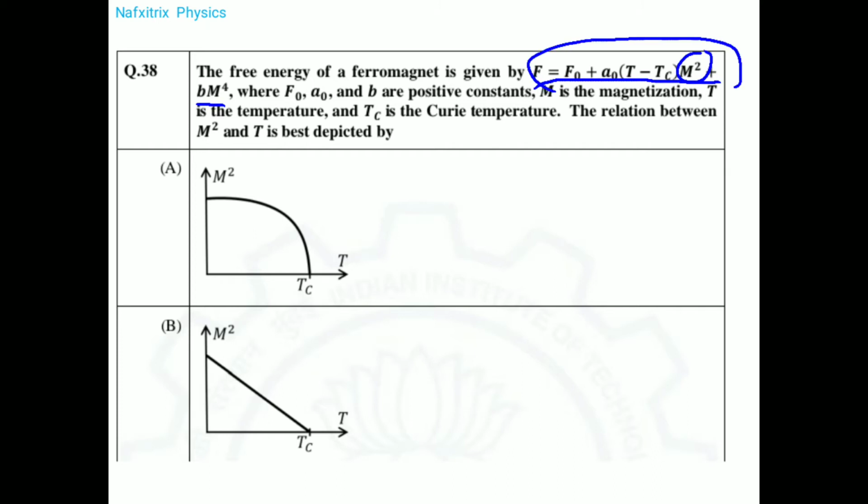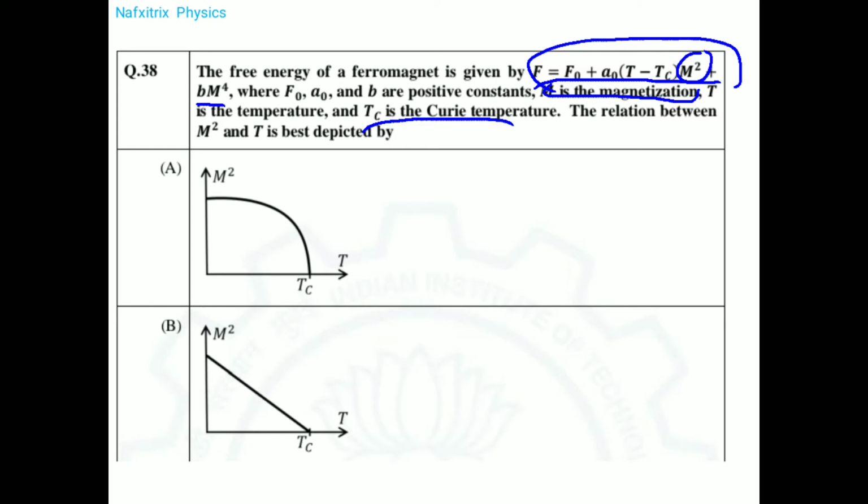Capital M is the magnetization, T is the temperature, and Tc is the Curie temperature, the temperature at which a ferromagnetic substance converts into a paramagnetic substance.